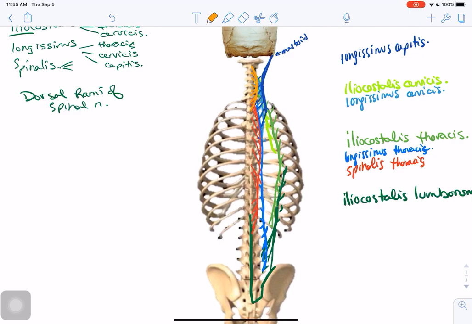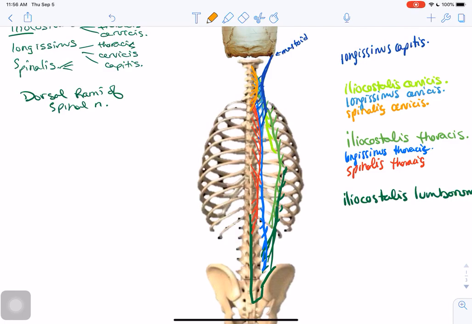So it just does this. But how many cervical vertebrae are connected seems to be highly variable from person to person. And that is your spinalis cervicis.